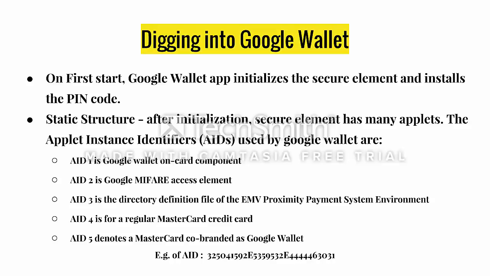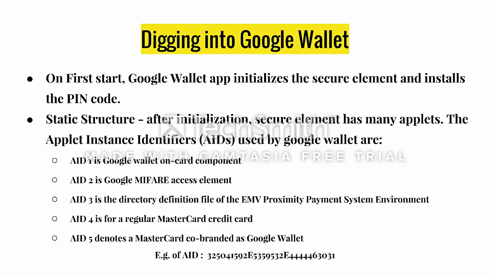AID1 is the Google Wallet on-card component, which is used by Google Wallet to manage the payment cards on the secure element. AID2 is the Google MyFair Access applet, which is used to manage the MyFair Classic 4K memory of the secure element. Both applet instances can only be accessed from the application processor. Selecting them through the RF interface results in the error code 6999, denoting that the selection of those applets failed.